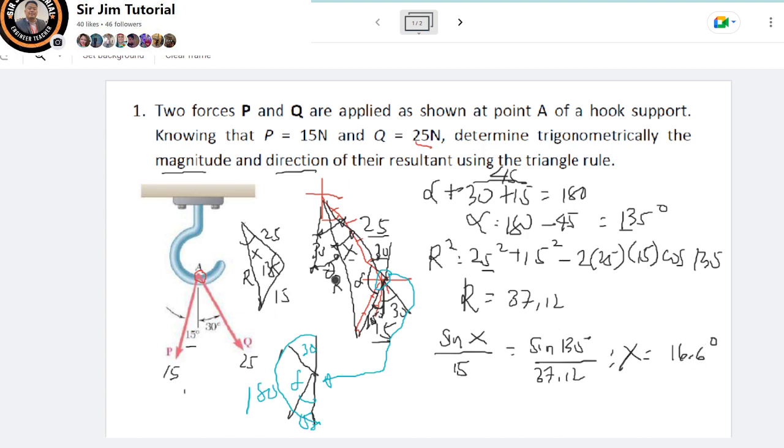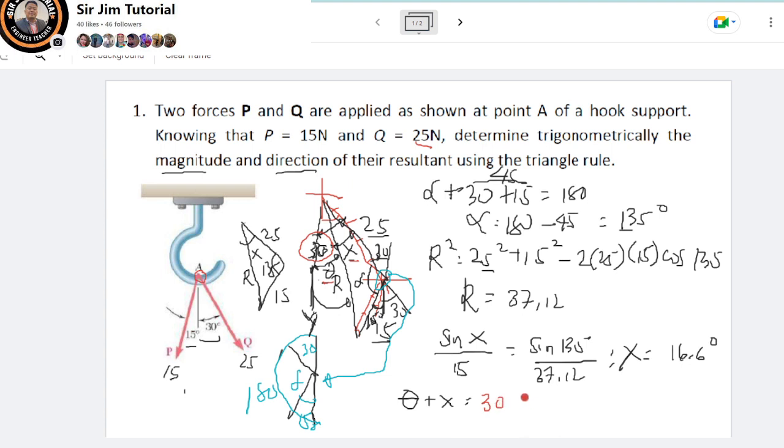Now we need this theta, right? The direction from this vertical axis or y-axis going to the resultant. So we know that theta plus x is just equal to 30 degrees. This is 30 degrees.